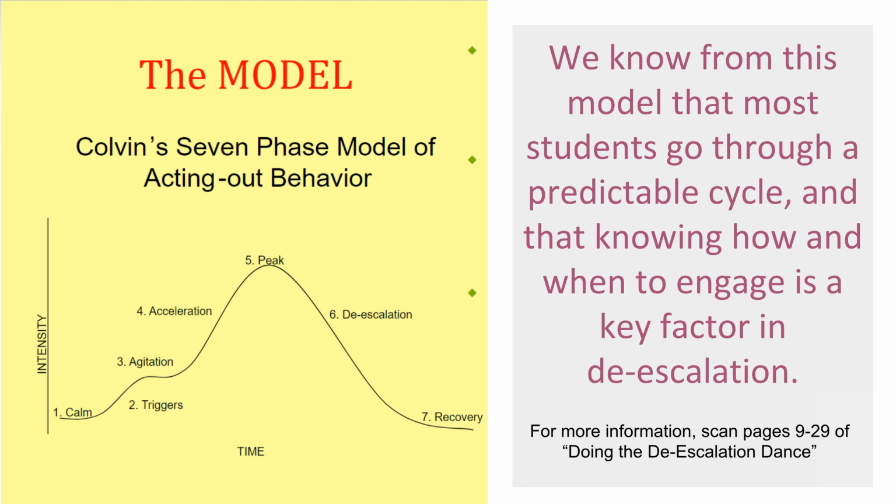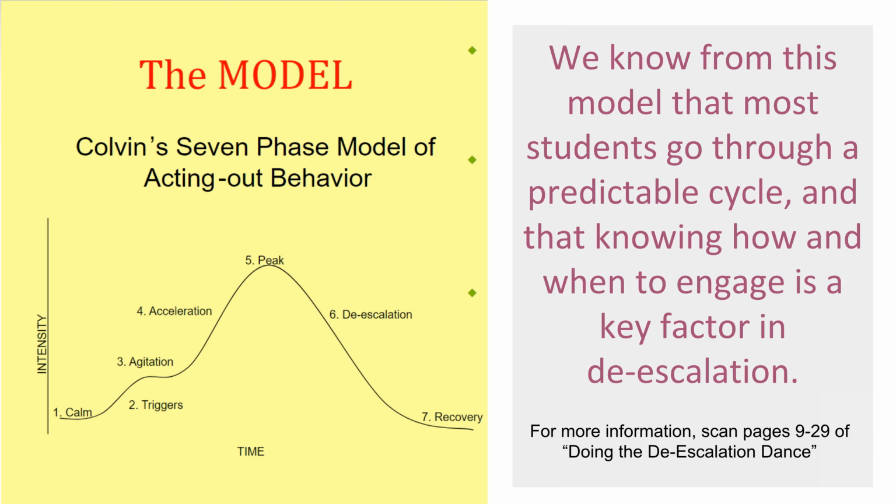The resource Doing the De-Escalation Dance provides us with a 7-phase model of acting out behavior. It starts with calm, and then there's a trigger that causes agitation. Variables can cause a misbehavior to accelerate and come to a peak.